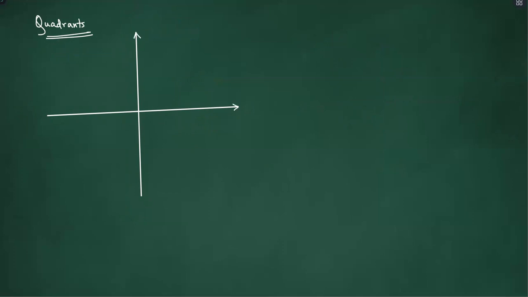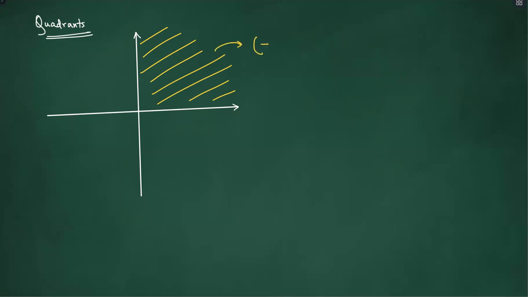Anything which is lying in this yellow colored space, the x coordinate is going to be positive and the y coordinate is also going to be positive. The abscissa is positive, and the ordinate is also positive over here.